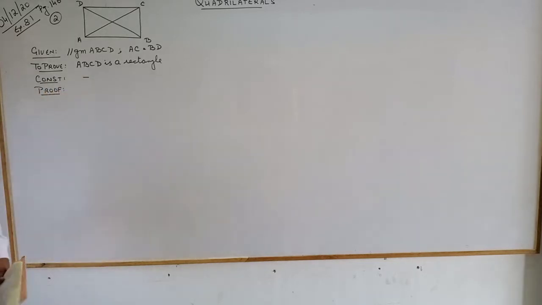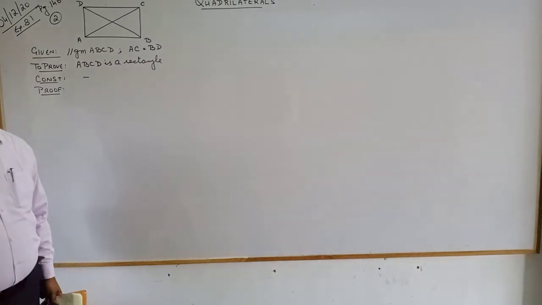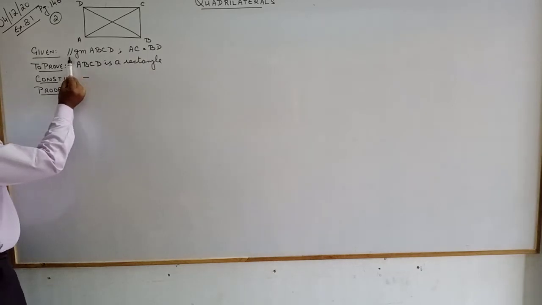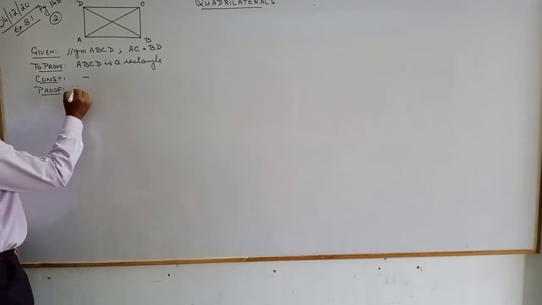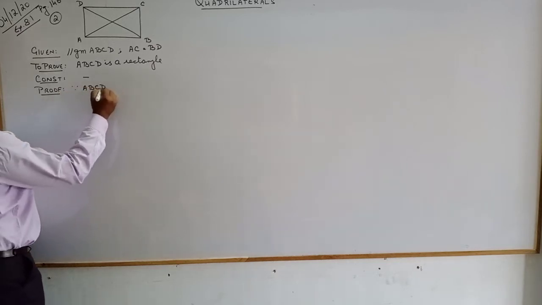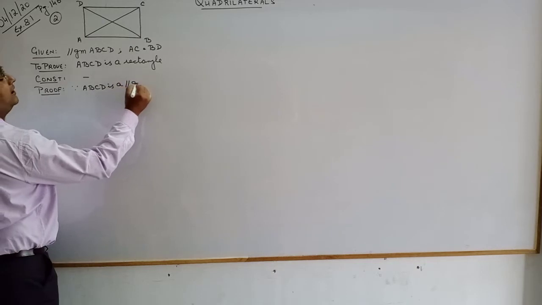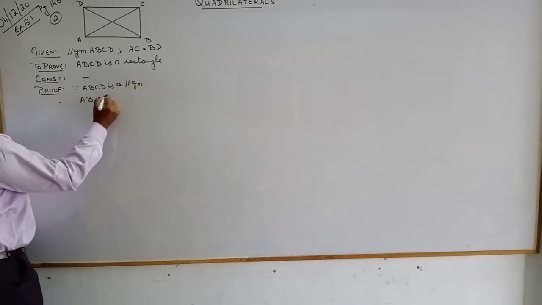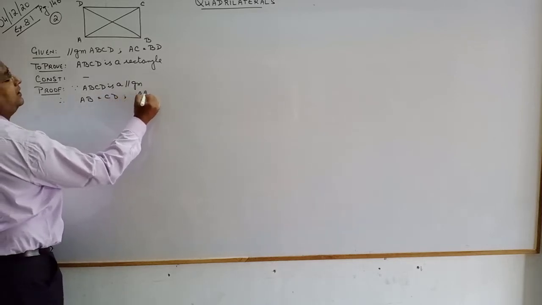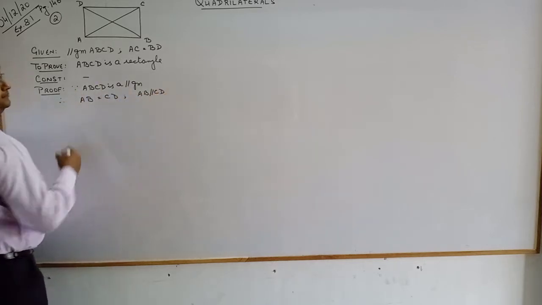And as I have told you previously also, write down whatever things are given to you first. So what are the things given to us? First of all, ABCD is a parallelogram. So what do we know about the parallelogram? That opposite sides are equal and parallel. Write down, because ABCD is a parallelogram, therefore AB is equal to CD, AB is parallel to CD.